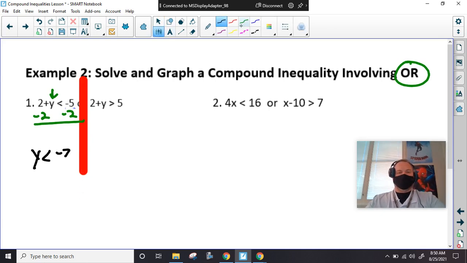All right. Now, over here, here's my y. It does happen to look very similar, but we have to treat it totally different. Okay. I'm going to subtract 2 again. Now I have y is greater than what? 3. Okay. Just one at a time.